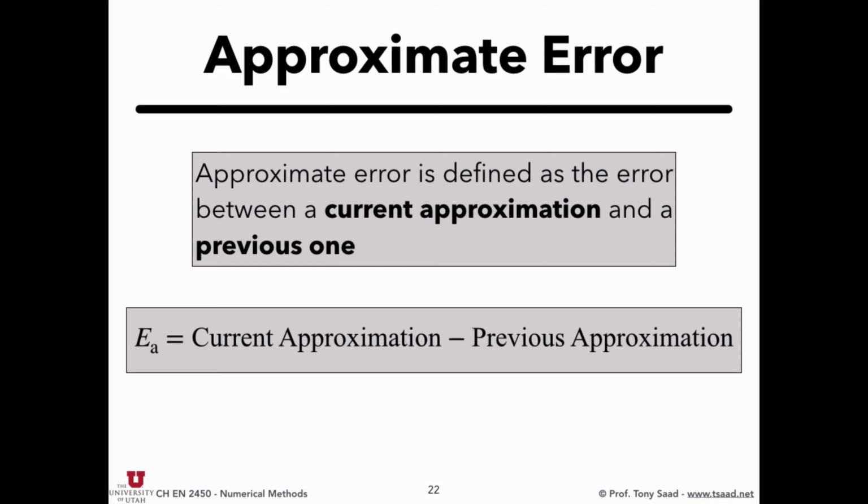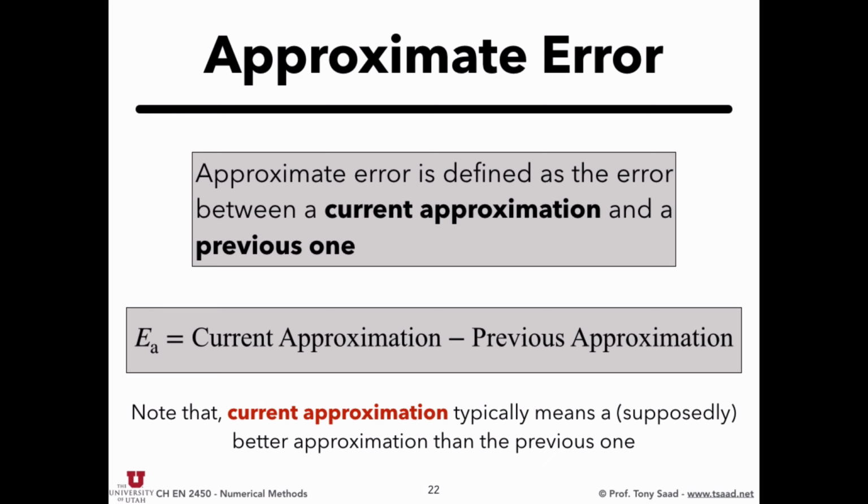Now, what do we mean by current approximation and previous approximation? Typically, we mean a higher precision calculation compared to a lower precision calculation. The idea being that our numerical methods will always converge to the exact solution, to the exact answer, if we run them at high enough resolution.